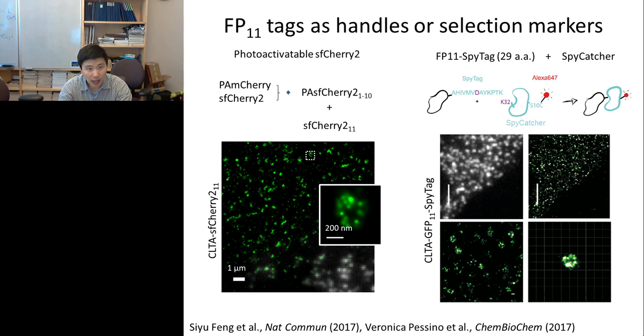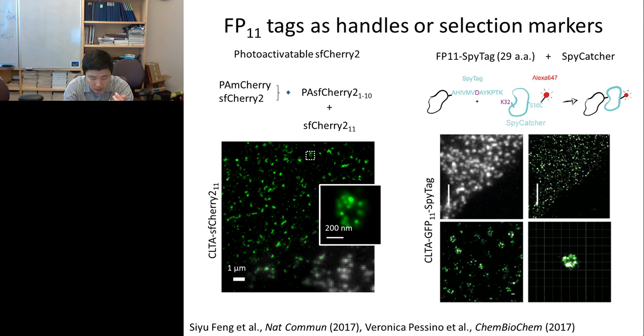And we can use this tag for other purposes as well. Previously, when Jonathan and Aaron created that yeast library, it was actually two libraries: one GFP library for imaging, one TAP library for biochemical purification.